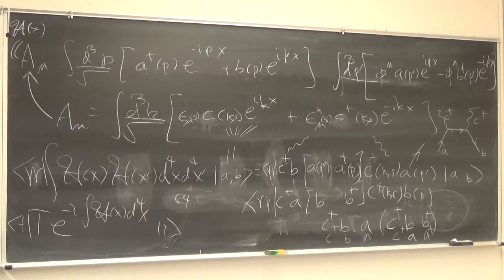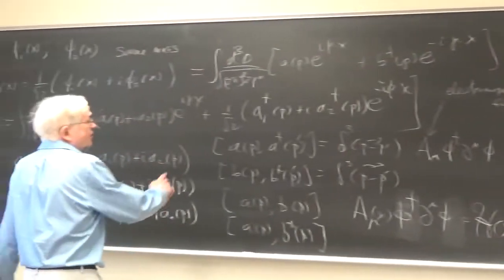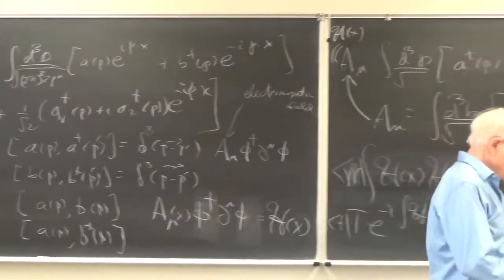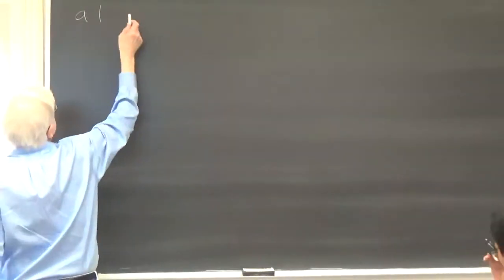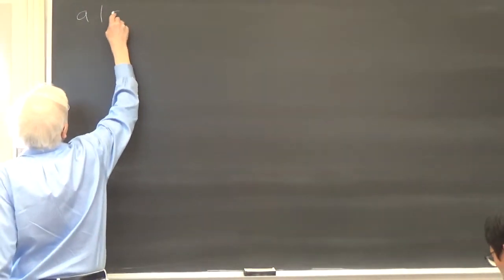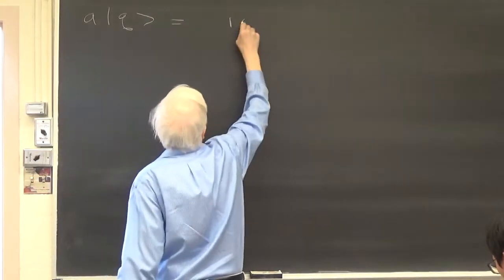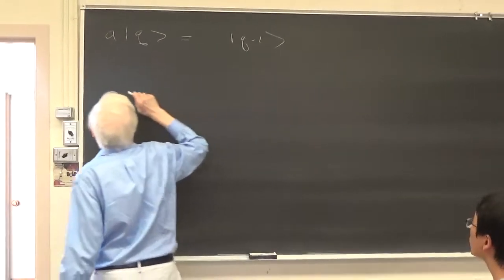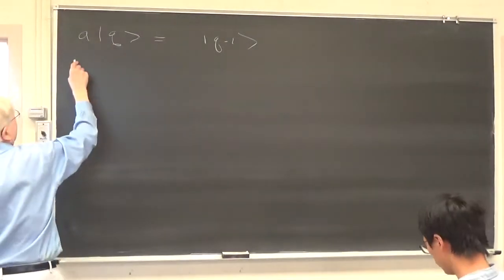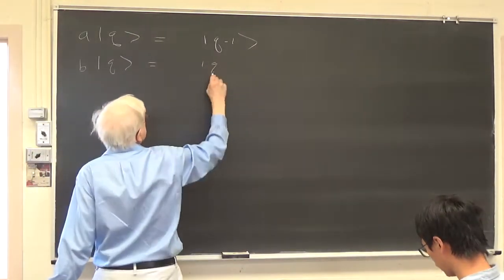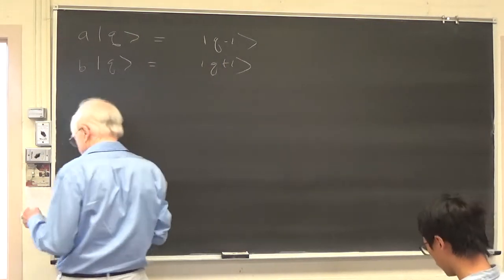So, in particular, when we set this up this way, what we can have is that A on a state of charge Q gives us a state of charge Q minus 1, and B on a state of charge Q gives us a state of charge Q plus 1.